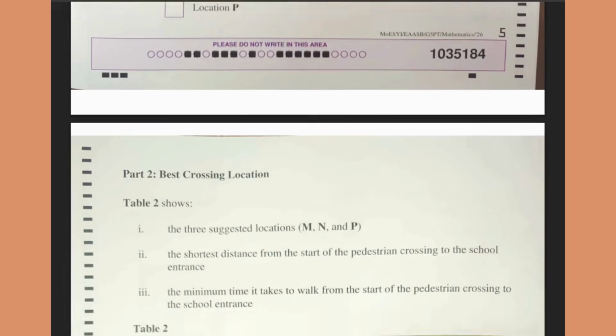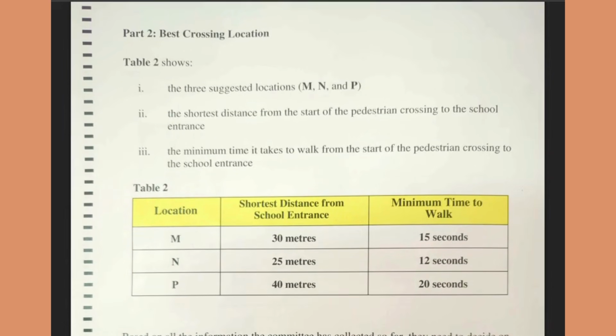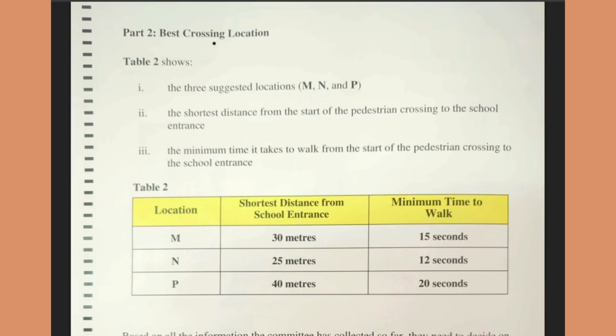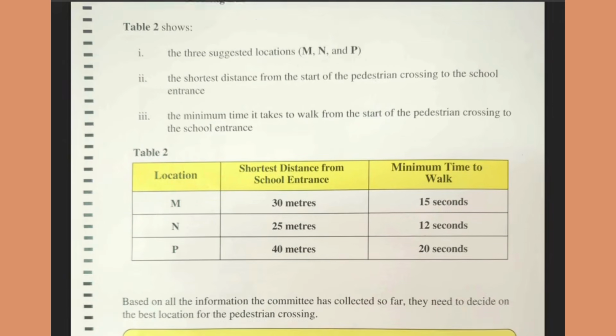Let us proceed to part 2, and it's based on the best crossing location. Table 2 shows 1. The 3 suggested locations M, N, and P. 2. The shortest distance from the start of the pedestrian crossing to the school entrance. 3. The minimum time it takes to walk from the start of the pedestrian crossing to the school entrance.